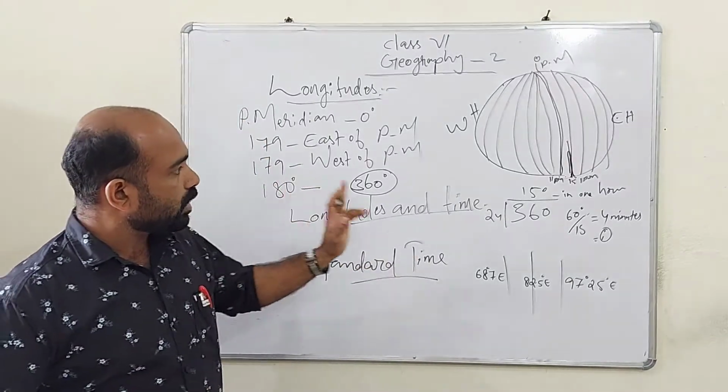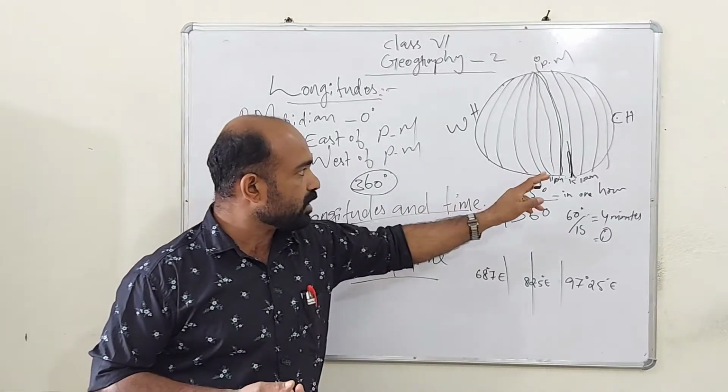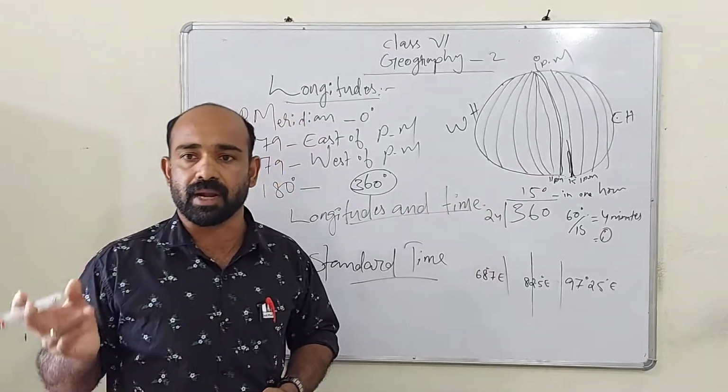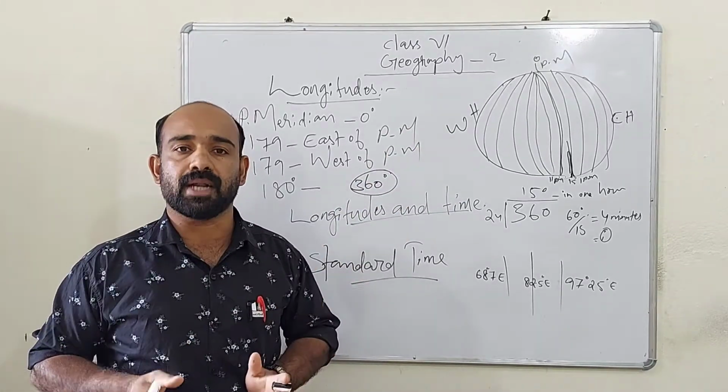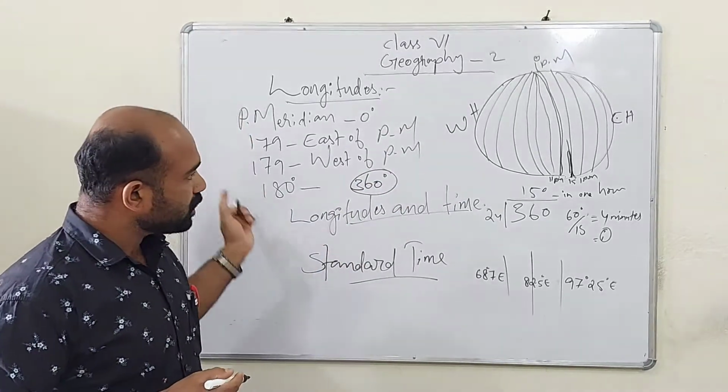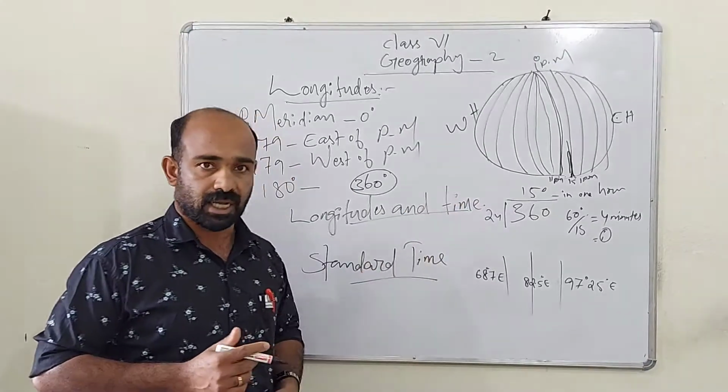And that means when it is 12 p.m. in the prime meridian, at 180 degree, it will be completely midnight. So this will be the method of calculating time.